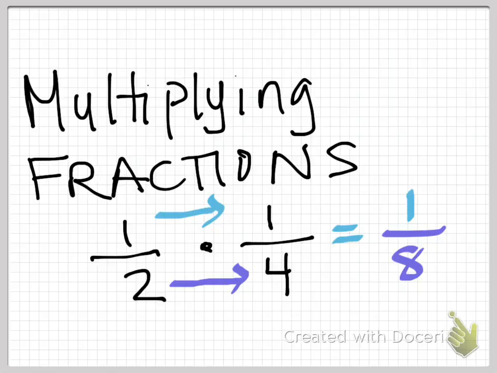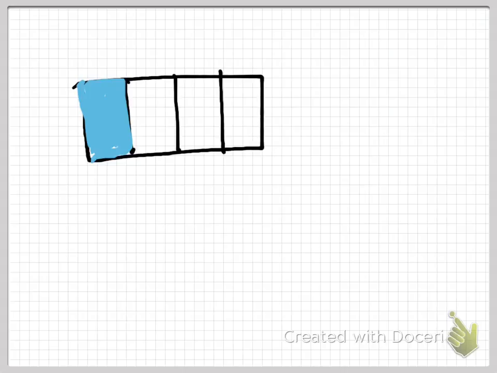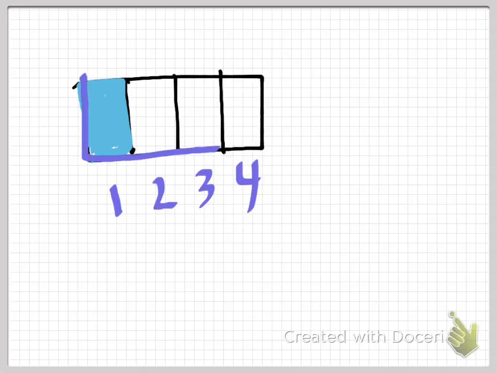Another way of reading multiplication of fractions, instead of saying 1/2 times 1/4, you would say 1/2 of 1/4. So if you have a fourth of something, for example, here I have 1, 2, 3, 4 pieces, so my whole is cut into 4 pieces.